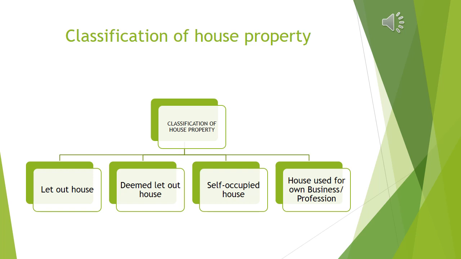Third is self-occupied house property, which is used for residential purpose. And the last, house used for own business or profession. As per the Income Tax Act 1961, we are going to focus on 3 properties: let out house, deemed let out house, and self-occupied house.